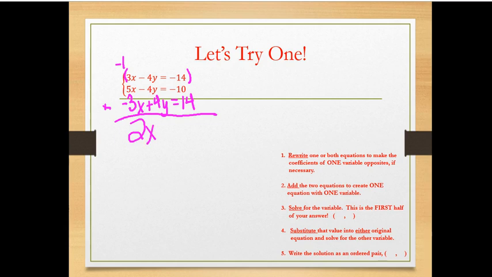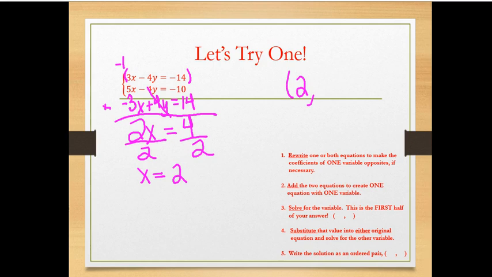Negative 4y plus 4y, those y's cancel out. Negative 10 plus 14 gives me positive 4. Alright? We need to solve for x, so I'm going to divide by 2. X is going to equal 2. So the first part of our solution is 2.